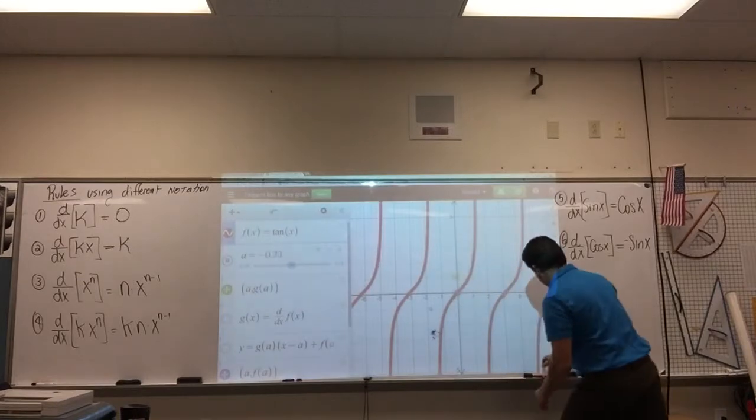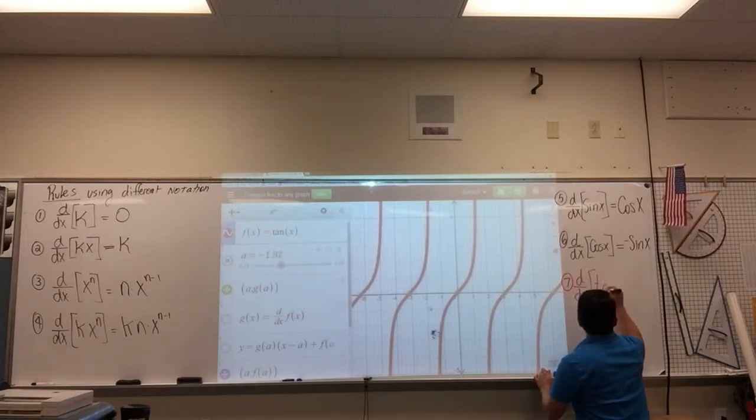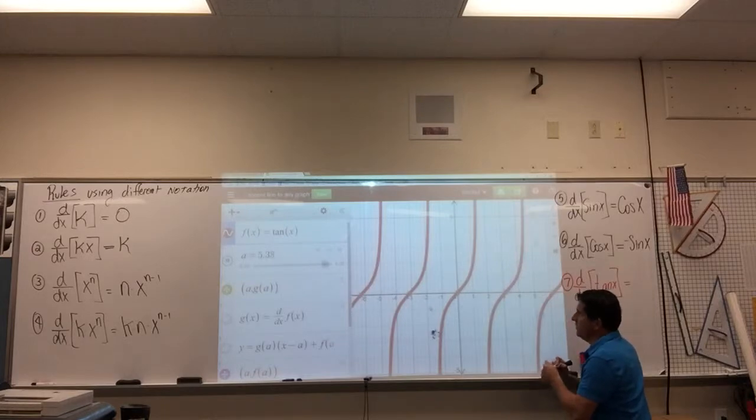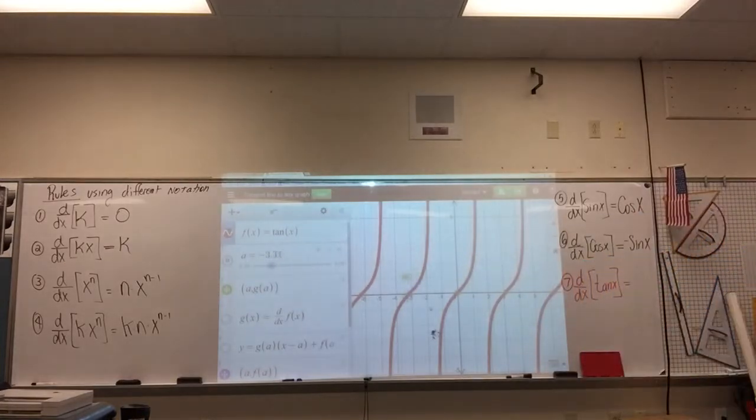And we're going to add this to our list. Derivative of the tangent of x. We're going to have to learn it anyway. Okay, can you make some observations? Tell me something about the green dot. They look like parabolas, don't they? Is it always above?